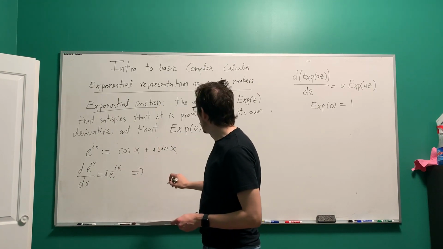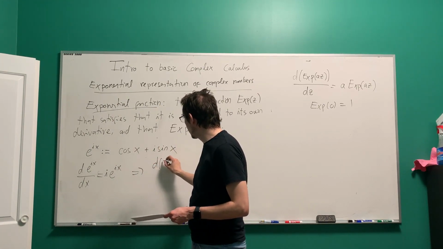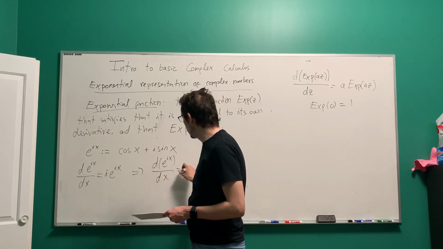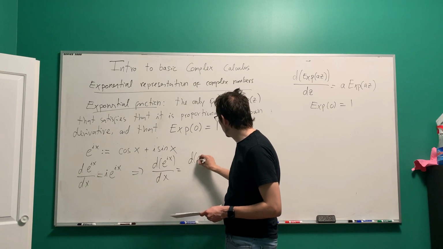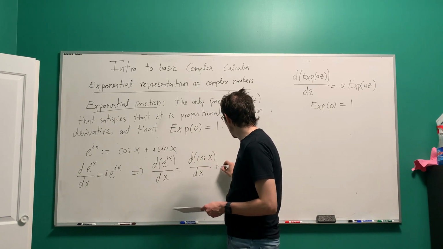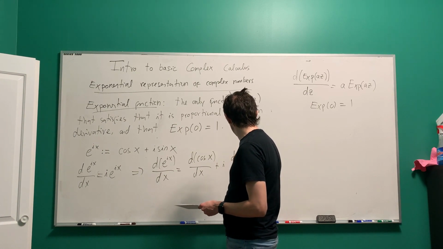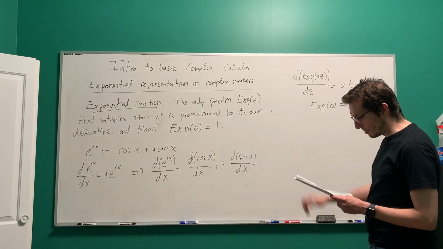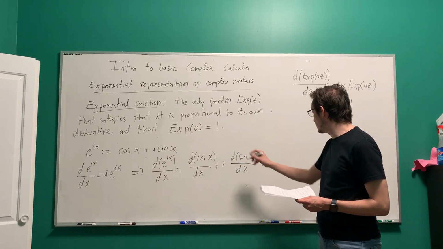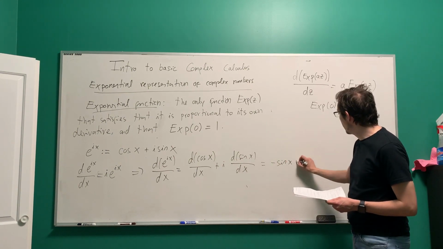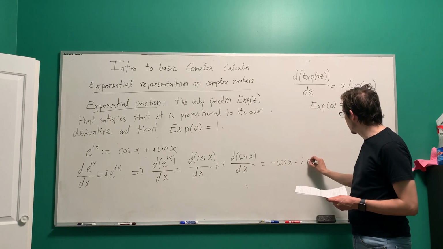Well, let's see if it's true. The derivative of e to the ix with respect to x is equal to the derivative of the cosine with respect to x plus i times the derivative of the sine with respect to x. The derivative of the cosine is minus sine, and then plus i, the derivative of the sine is the cosine of x.